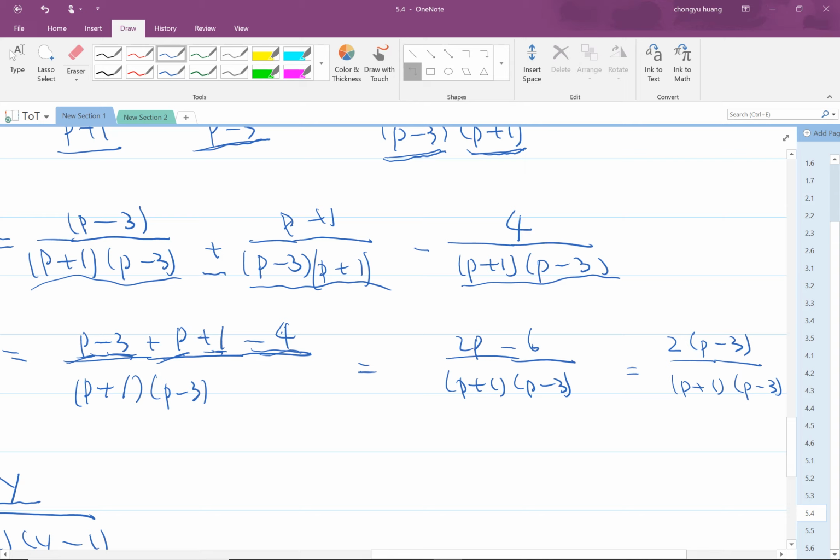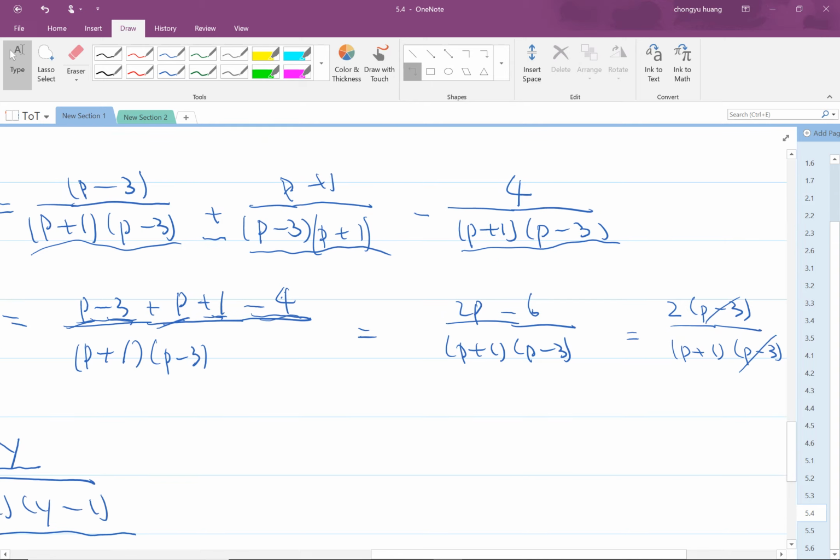And you can see you can actually cancel p minus 3. That makes our final solution 2 over p plus 1.